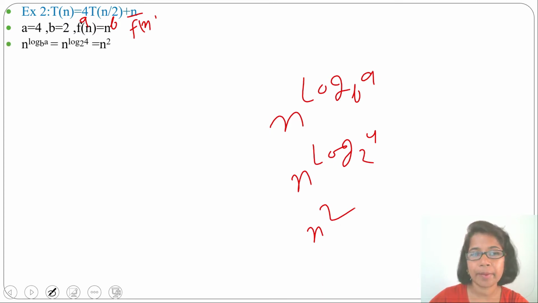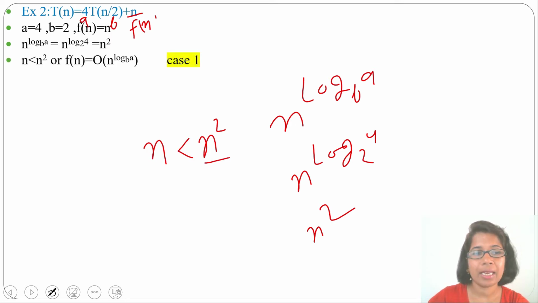Next we need to compare the function with n power log a base b, meaning we compare n with n square. Obviously n is less than n square, so it comes under case 1. We can say f(n) equals big O of n power log a base b.